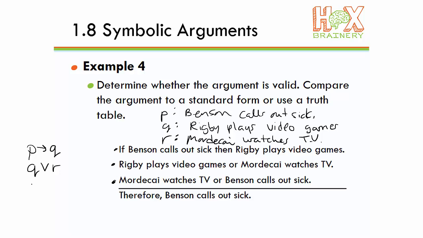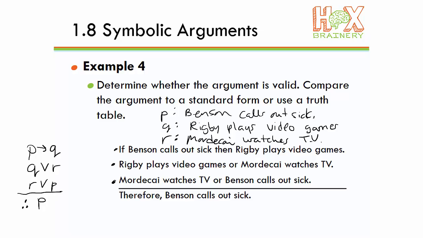Mordecai watches TV, R, or Benson calls out sick, disjunction with P. Therefore, and we usually use a horizontal bar to separate the premises from the conclusion, Benson calls out sick, P.